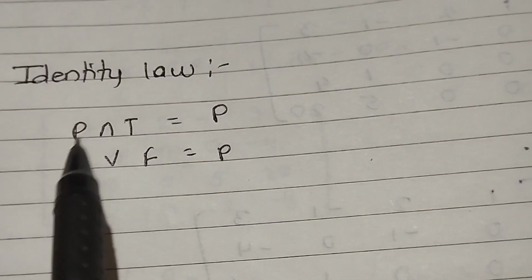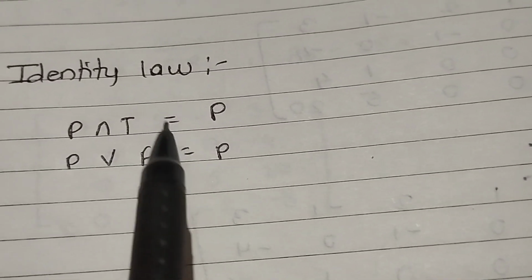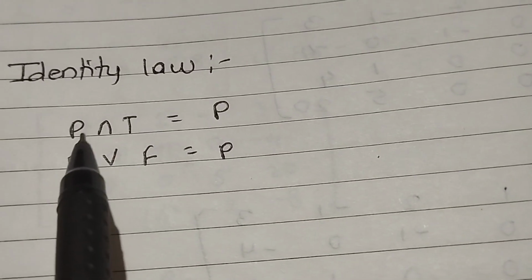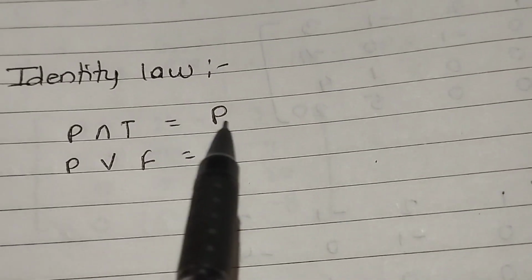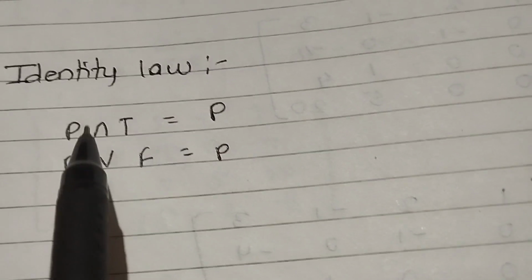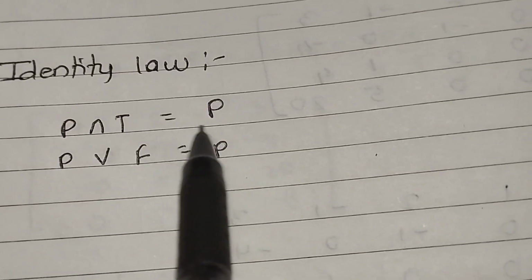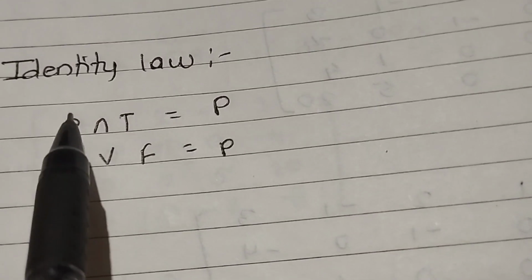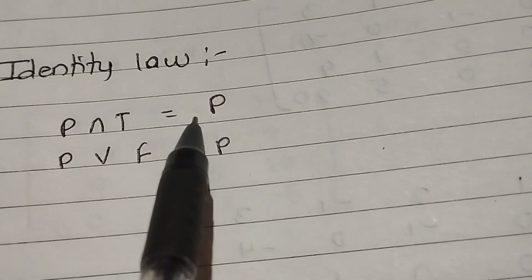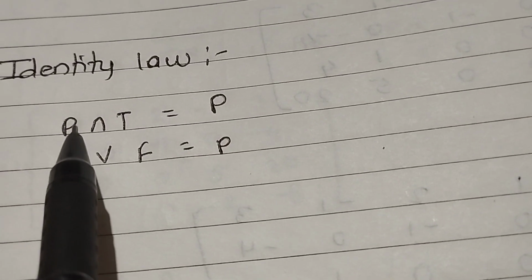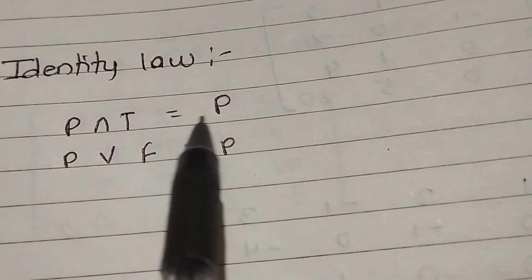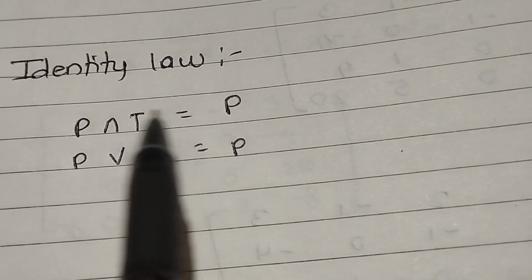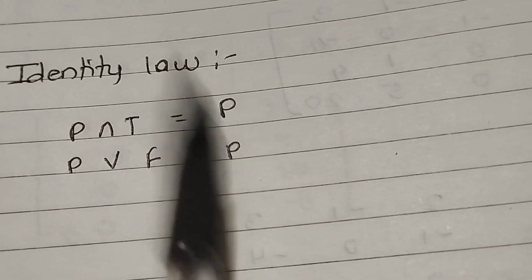We know T and T is equal to T, otherwise all are F. If we put P as T, then T and T is equal to T. If we put P as F, then F and T is equal to F. This means if we put P as F, the output is also F. On this basis we say P and T is equal to P.